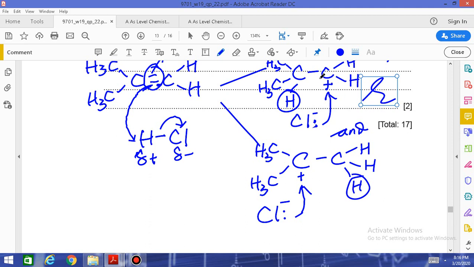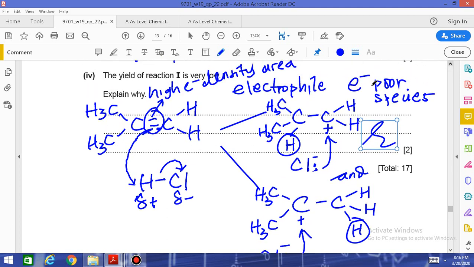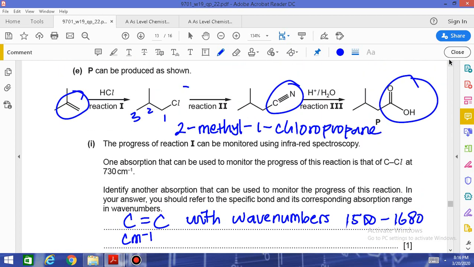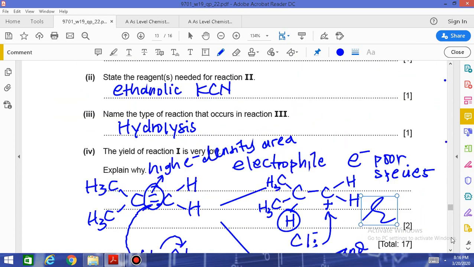This is 2 methyl, 1 chloropropane, while this one is 2 chloropropane. The question again: the yield of reaction 1 is very low. Your answer must refer to the stability of the carbocation.